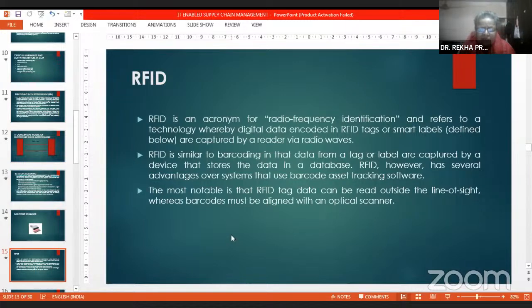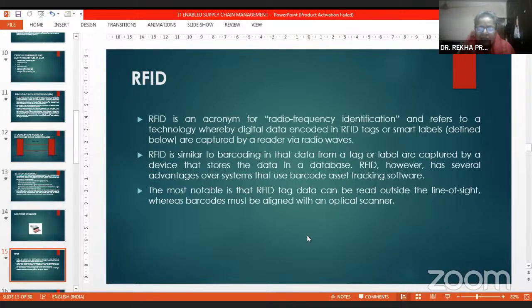RFID is an acronym for radio frequency identification, and it refers to a technology whereby digital data encoded in RFID tags or smart labels, defined below, are captured by a reader via radio waves. This is just an upgradation and a better way of what the barcode was doing.